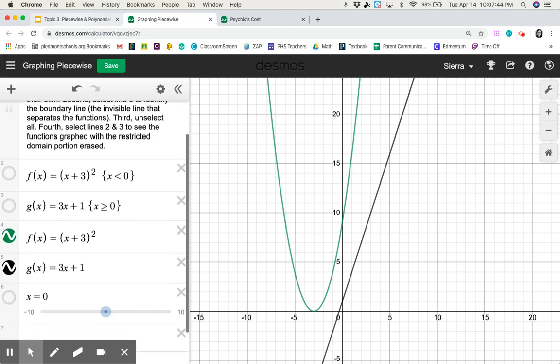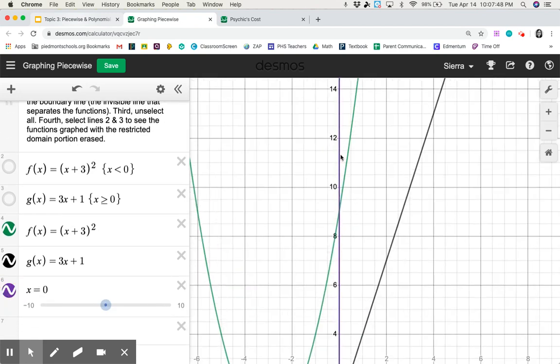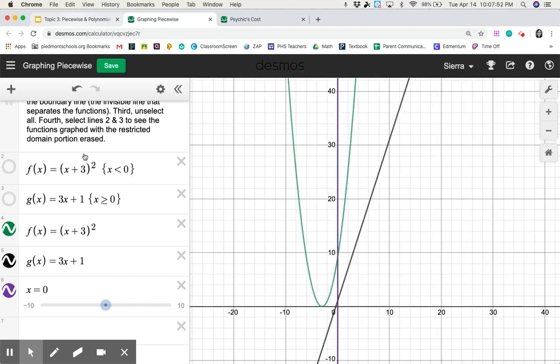For this one, my boundary line is at x equals 0, and you can kind of see that purple line that's crossing right there. That quadratic function, that green function, wants everything less than 0. So that's going to be to the left of this boundary line, so we're going to keep this piece of that function.